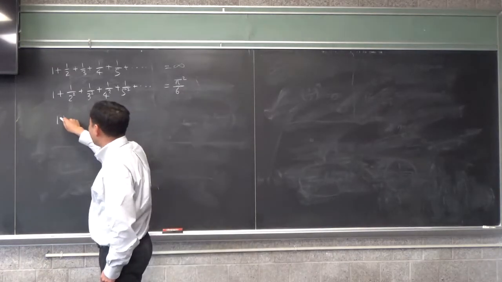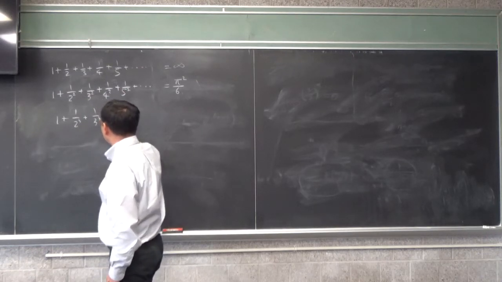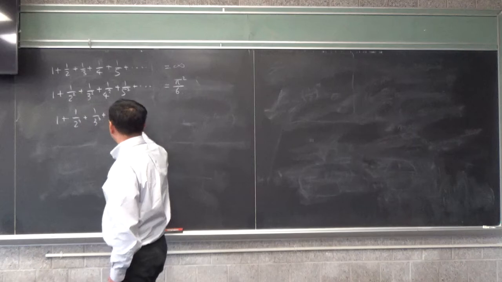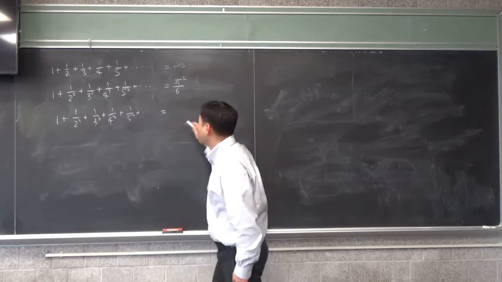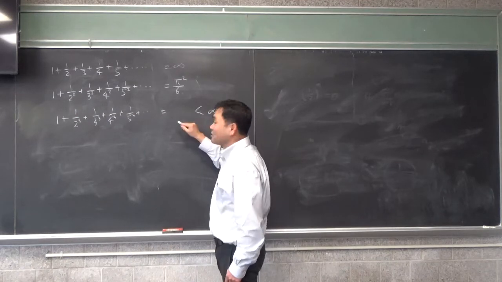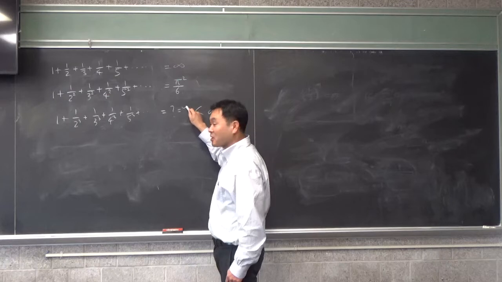But if you add cubed, this does converge, but we don't know its value. In fact, this one has a name, zeta of 3.